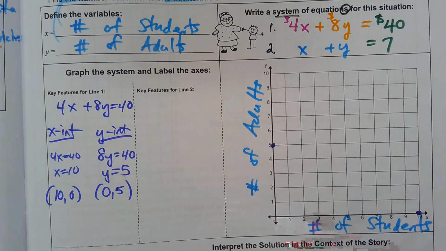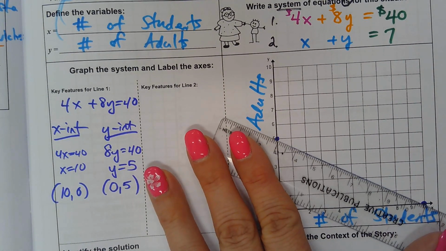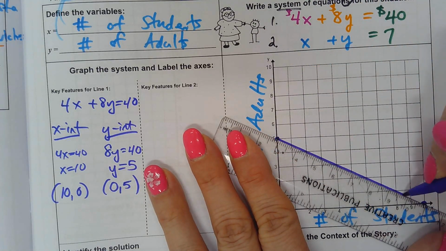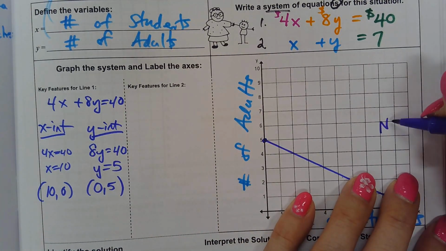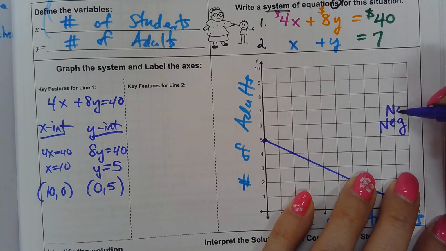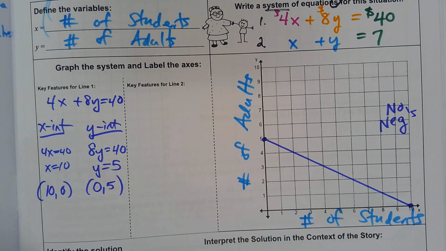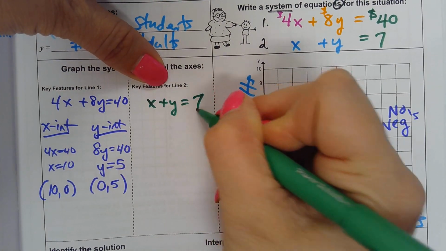Okay. Now remember, when you graph this, make sure your ruler is nice and straight. Get it perfect. We cannot have negative students. Okay, so since this is a real life problem, no negatives. You stop, no arrows. The second equation is x plus y equals 7.